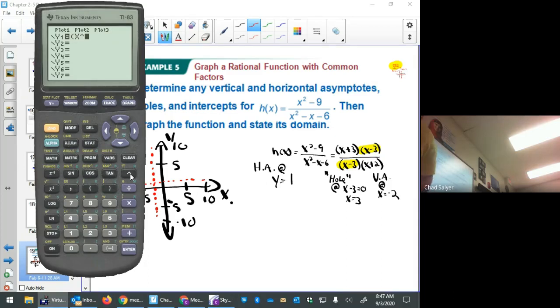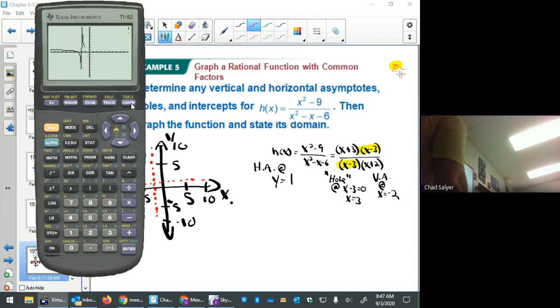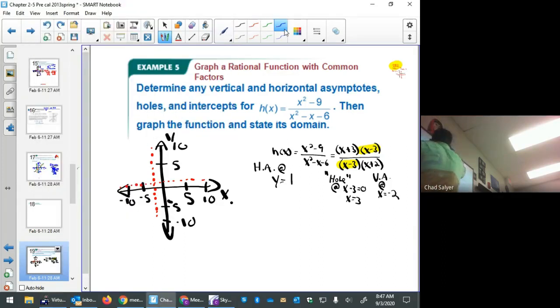So we're going to do x squared minus 9 divided by x squared minus x minus 6. All right, pretty straightforward. I'm going to ride the asymptote like so, and then ride the asymptote till it gets to 3.